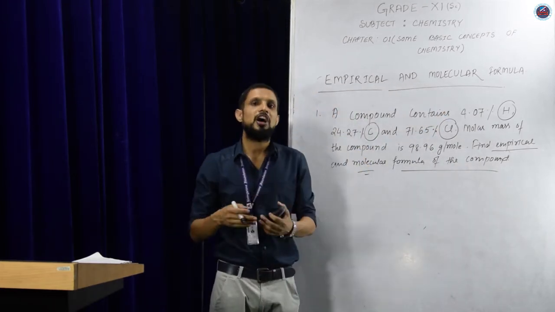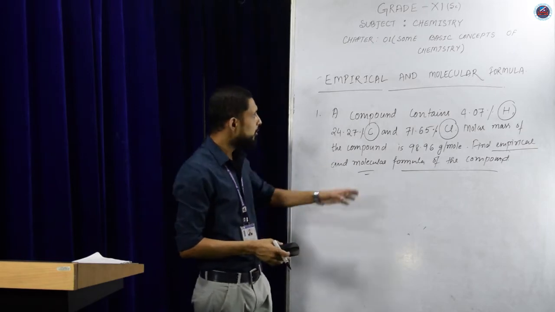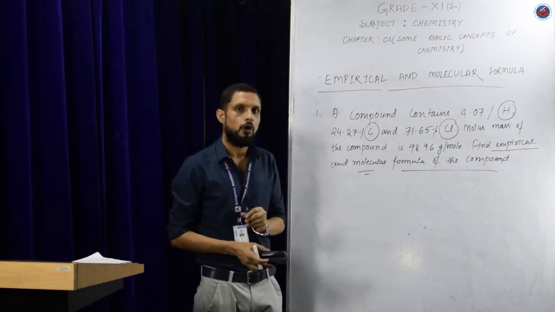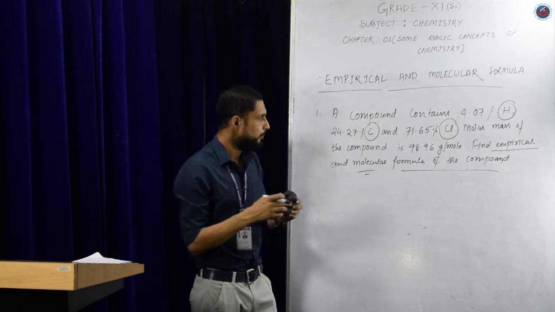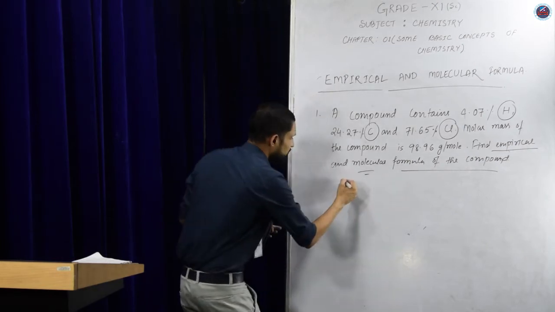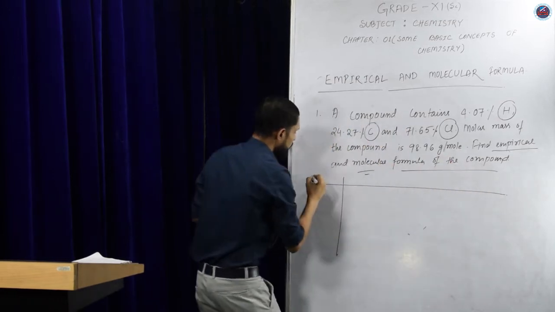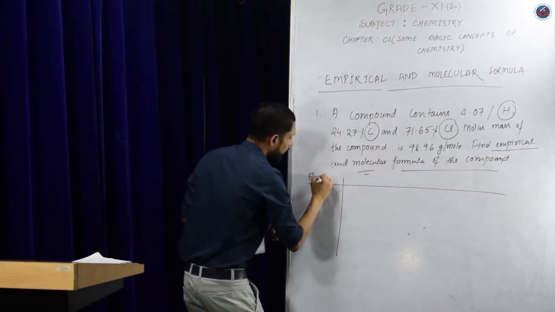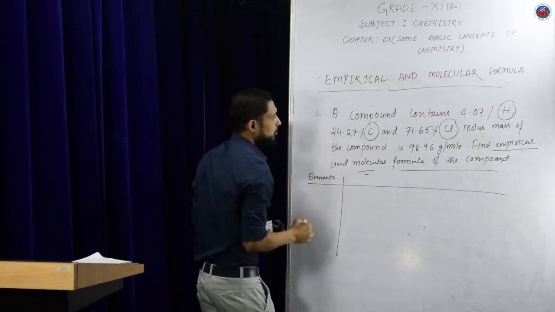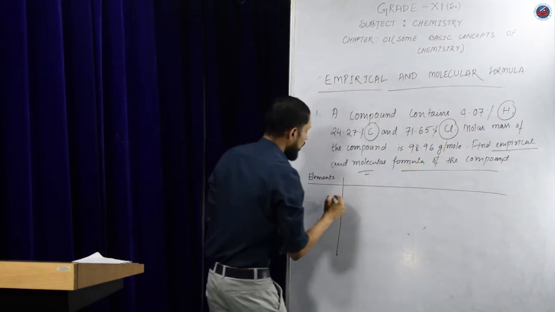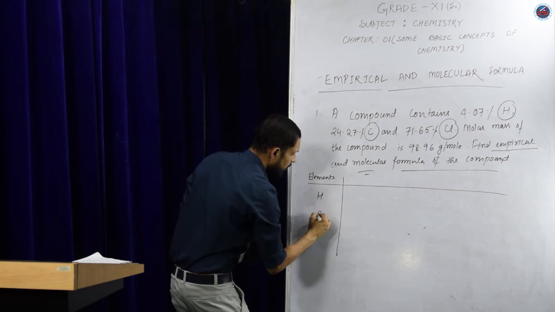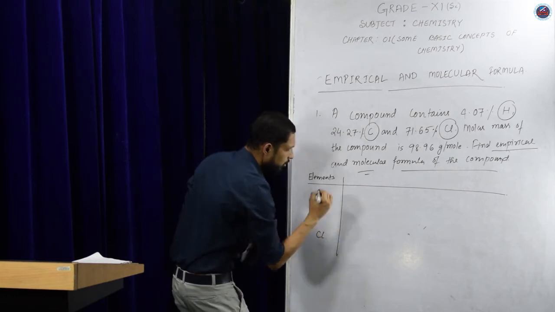There are different methods used to find the empirical formula, but I'll take the easiest one. So what you do, you first draw a table. First we'll write the elements present: hydrogen, carbon, and chlorine.